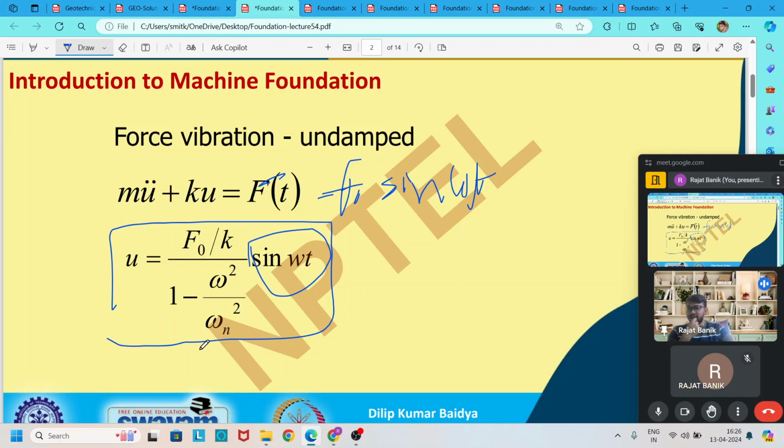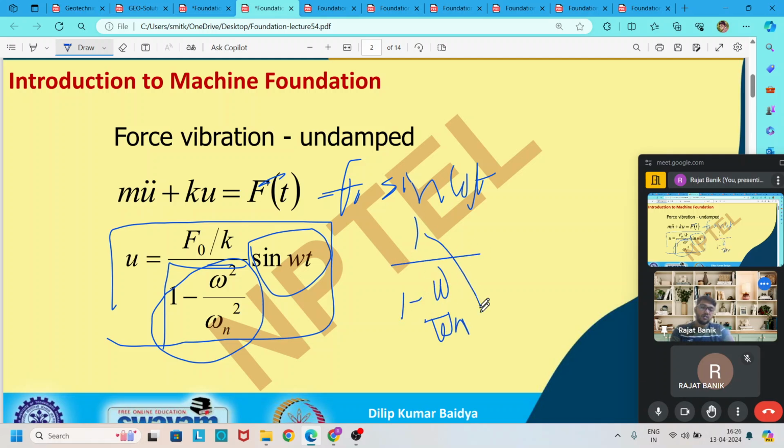For the amplitude of this displacement, if you remove the sine term, we get the amplitude. This amplitude depends on the magnification factor, which is 1 by 1 minus omega by omega n whole square, where omega is the angular frequency of the force and omega n is the natural frequency.